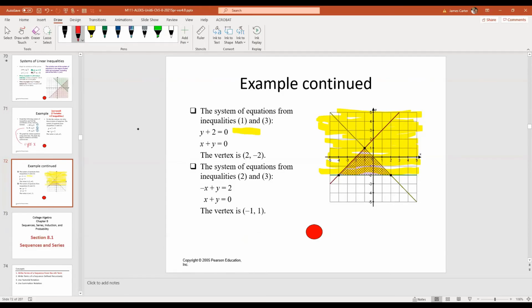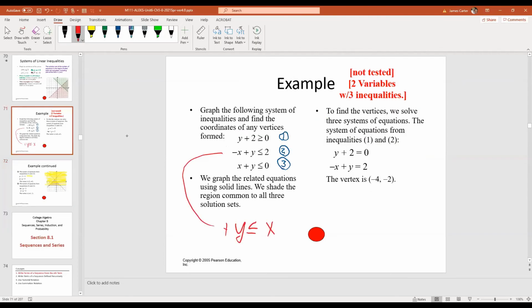Right here it is. And then this one is y equals negative x. Oh, wait, this one I left off the +2 on that one. So here, less than.